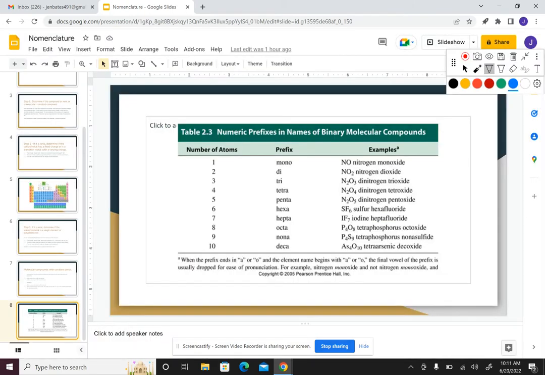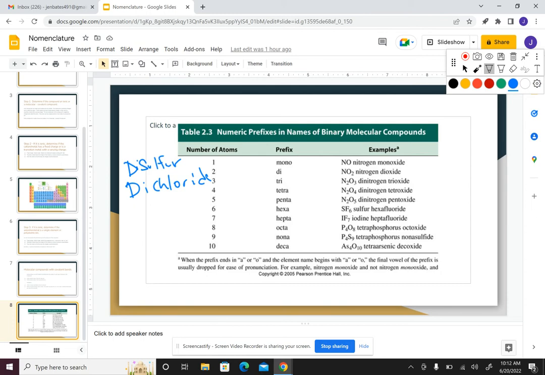Let's continue and do a couple more examples. How about if I was given the name disulfur dichloride.